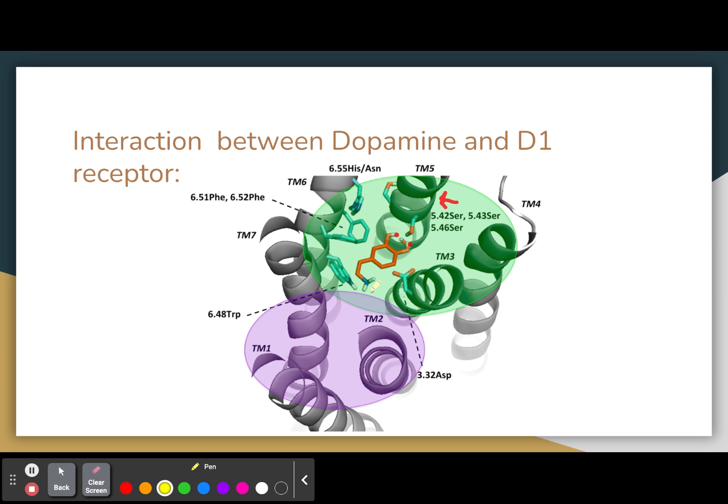And the NH2, which is farthest from the receptor, which is seen by the yellow, has a much smaller positive charge because nitrogen needs the electron less. So there's a slight attraction between the nitrogen hydrogen bonds.